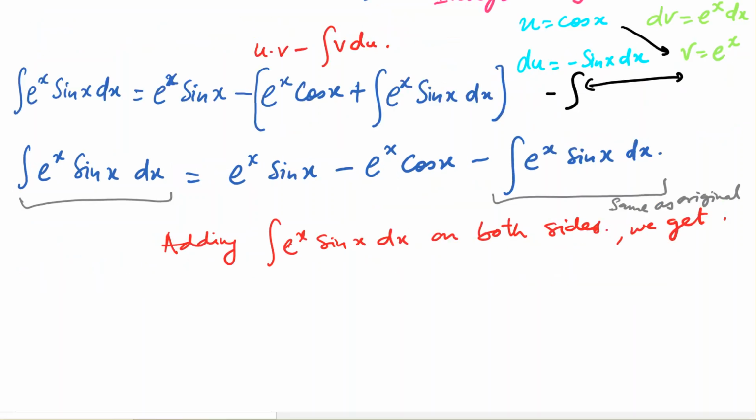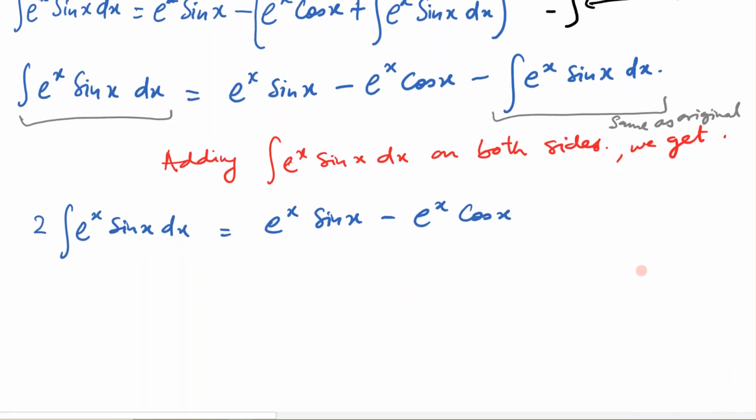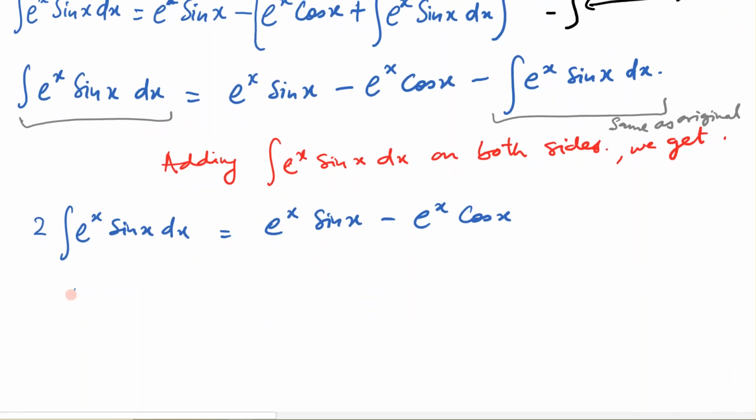Thus, adding this integral on both sides, we get twice the integral of e^x sine x dx is equal to e raised to power x sine x minus e raised to power x cosine x. And in the next step, the integral of e raised to power x sine x dx is equal to, we divide both sides by 2.